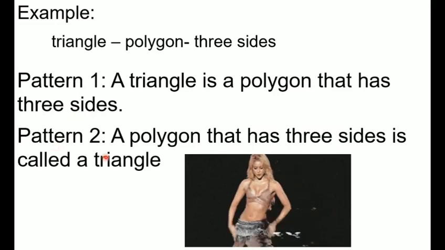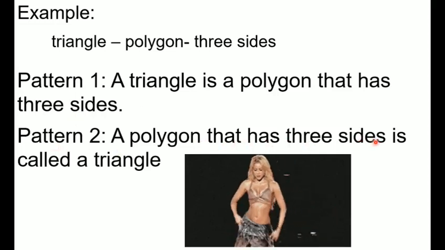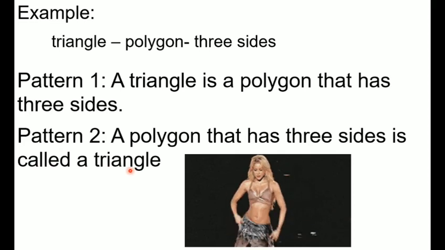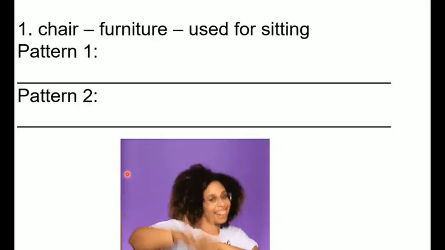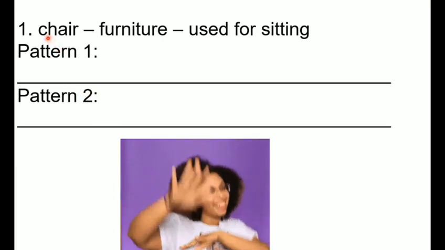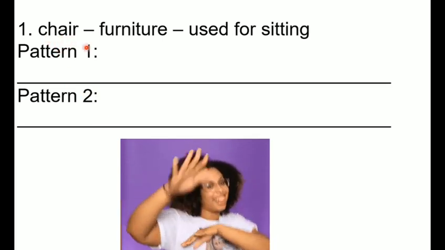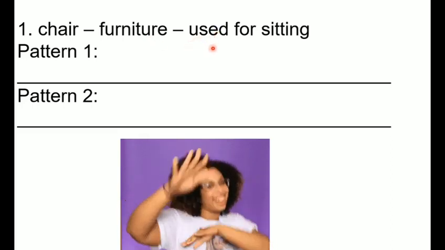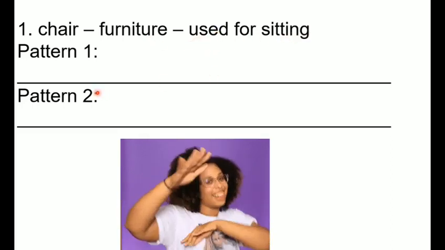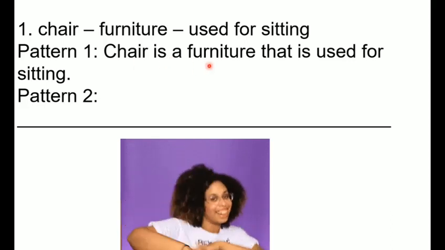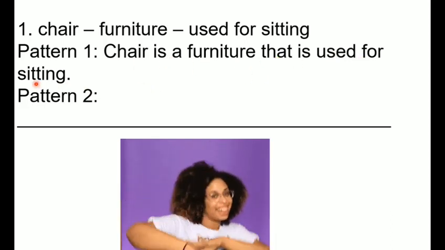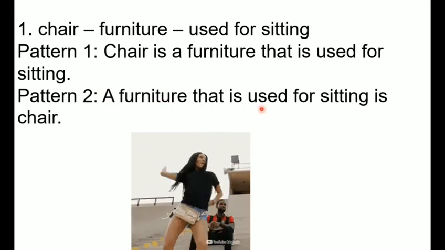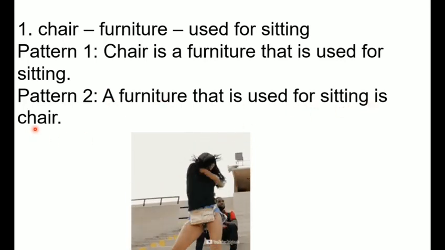And then pattern 2, a polygon that has 3 sides is called a triangle. Okay. Now, let us proceed to number 1. Chair ang ating term, and then class is furniture, and then distinguishing characteristic is used for sitting. Pattern 1, answer. Chair is a furniture that is used for sitting. For pattern 2, a furniture that is used for sitting is chair.